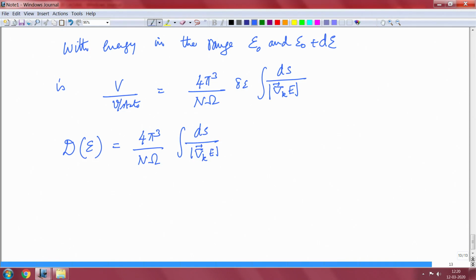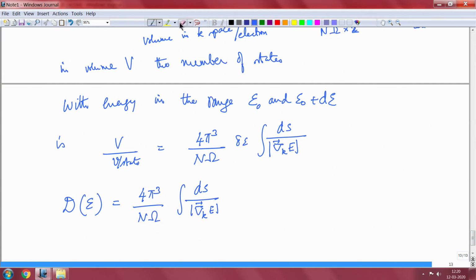I think I made a mistake in terms of taking the volume and the ratio. So, let me correct it a little bit, because it is not this quantity, it is actually the following. It is given by V by 8 pi cubed, that means n gamma by 4 pi cubed, otherwise the units won't be right.